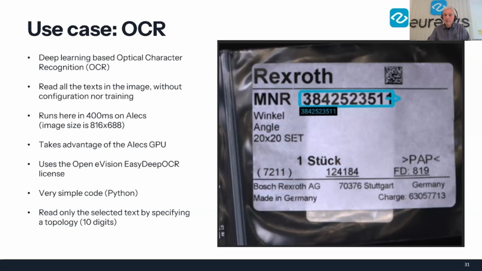A topology is defined like a regular expression, describing what kind of text you are interested in. Here we are searching, for example, for text that is composed of only 10 digits, and it will only return that text, even if it's not at a fixed position on the image.